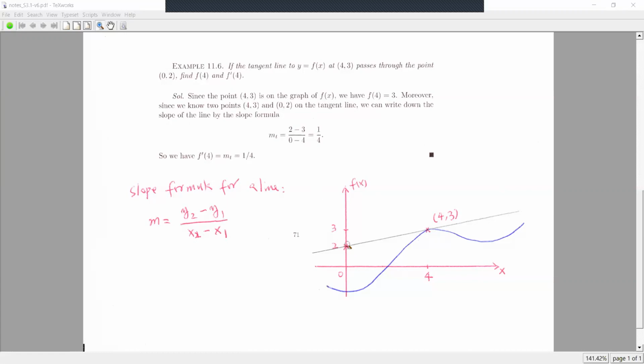I consider this point as the second point, so x2 is 0, and x1 is 4. Then the slope of the tangent line is 1/4. So therefore, the derivative f'(4) is equal to 1/4.